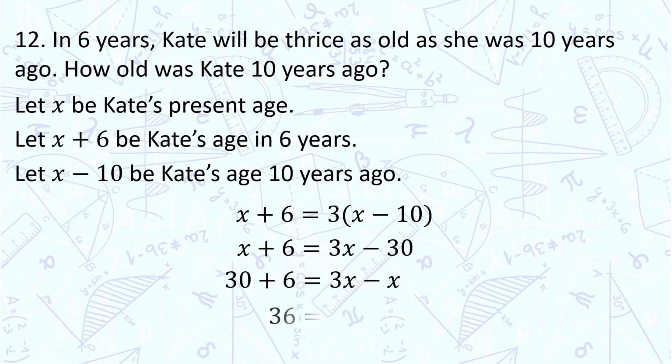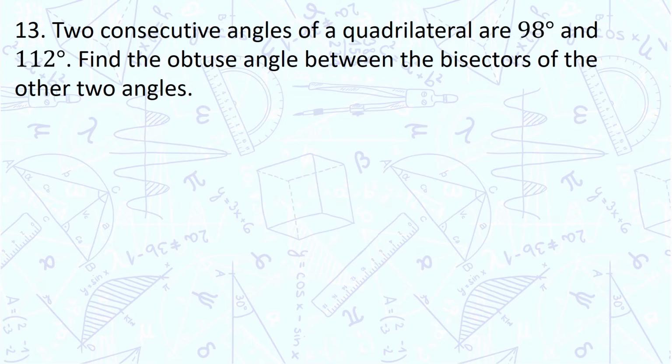We get 30 plus 6 equals 3x minus x. So 36 equals 2x. Divide both sides by 2, x equals 18. This is Kate's present age. We are asked how old was Kate 10 years ago. So we subtract 10. Kate was 8 years old 10 years ago.